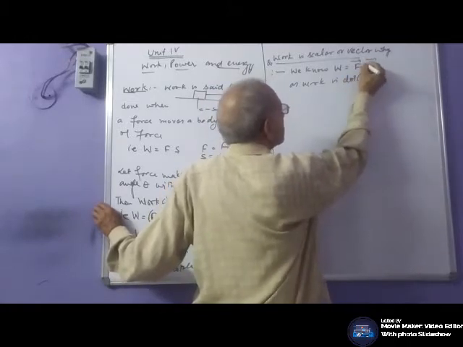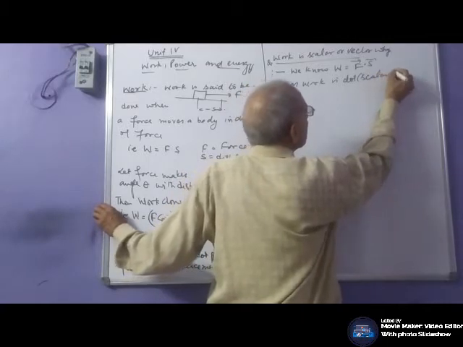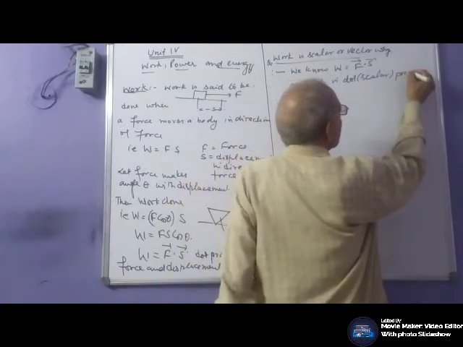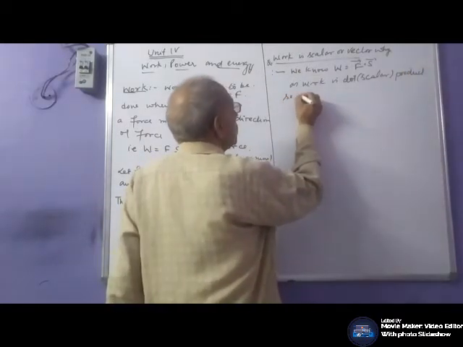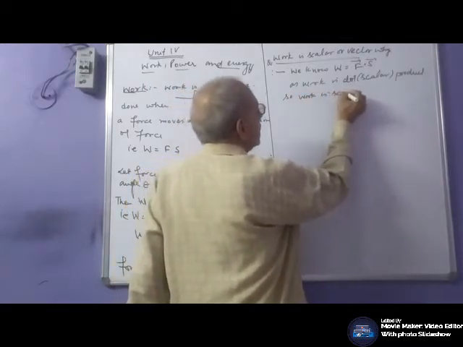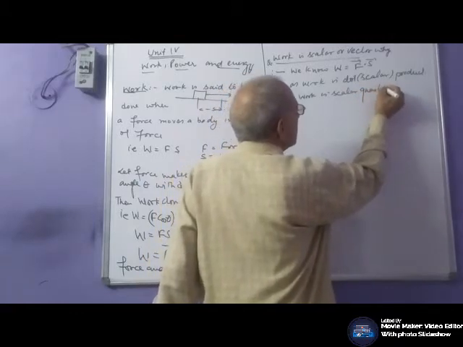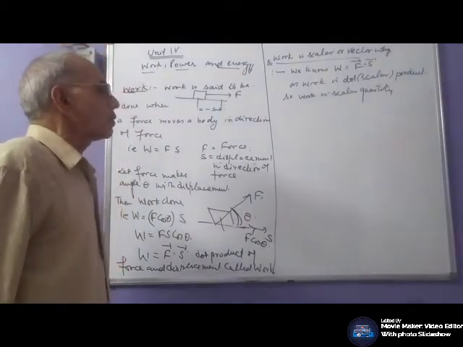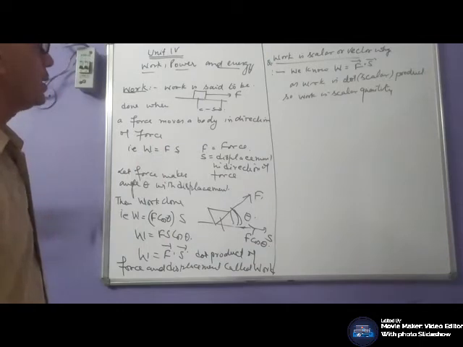Here this is dot. So work is a scalar quantity. We have read dot and cross product. Cross products are vector products. Dot products are scalar products.